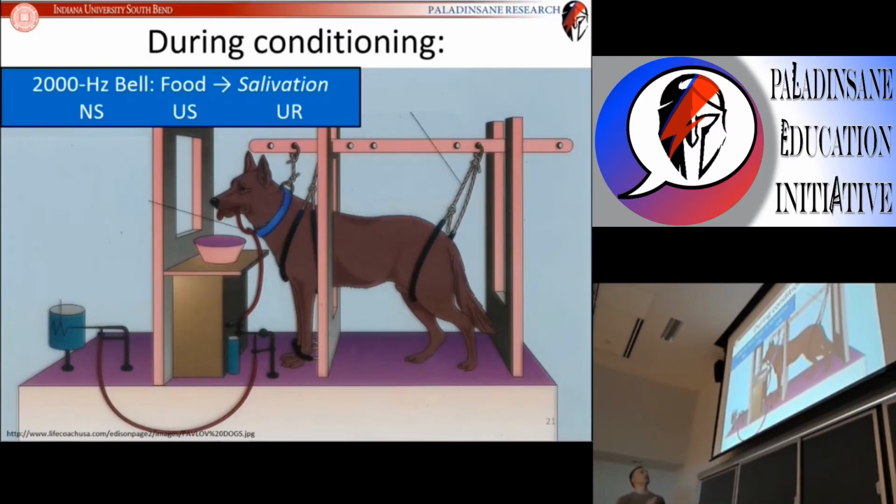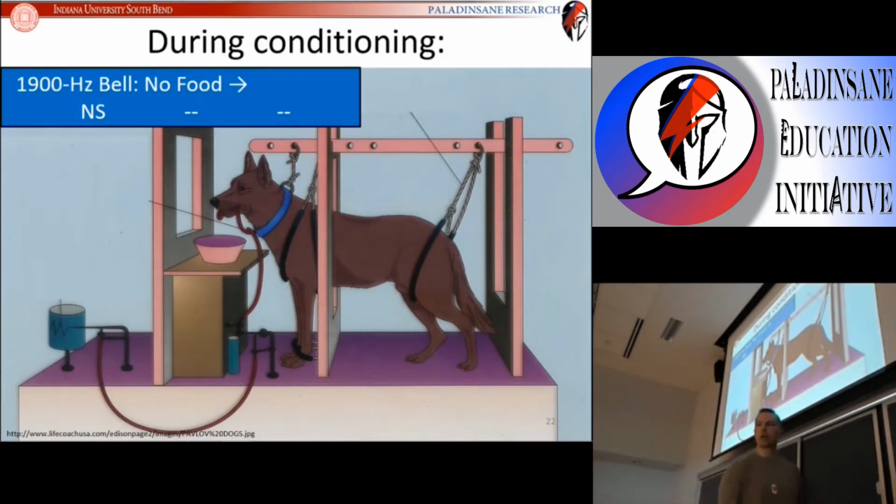So we would have a 2,000 hertz bell, neutral stimulus, pair that, so we present the bell, then present the food, the unconditioned stimulus. That leads to salivation, the unconditioned response. That's during conditioning. Also during conditioning, on random trials, you would present a 1900 hertz bell, which is also a neutral stimulus. But this one you would not pair with food.